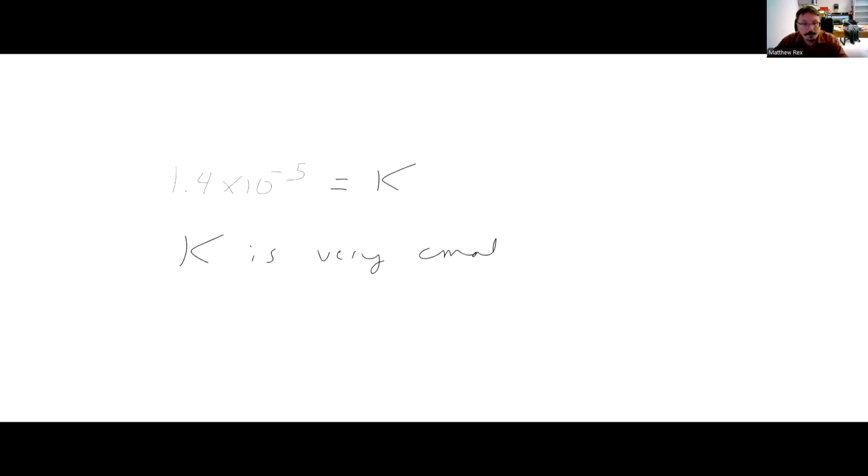That's the same as 0.000014. So because of that, that means the number on the top, or the concentration of our product, is very small compared to the bottom.